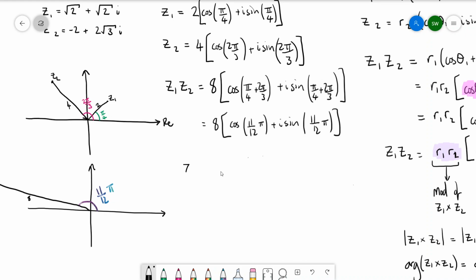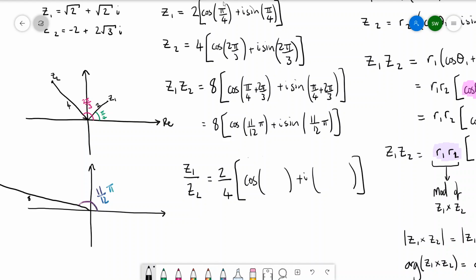So in this case, if we wanted to quickly work out z1 divided by z2, we're going to do the modulus of z1 divided by the modulus of z2, and that's going to be the modulus of our complex number. And to work out the argument of the answer, or of this fraction, we're going to subtract the arguments.